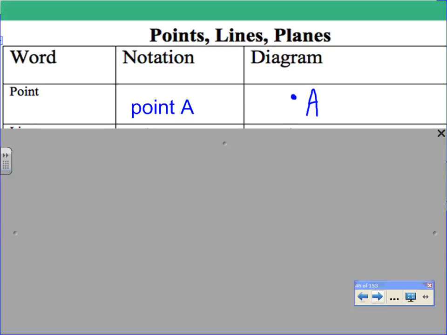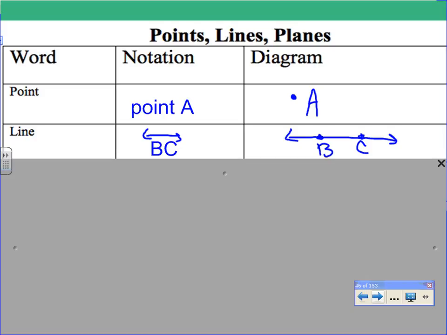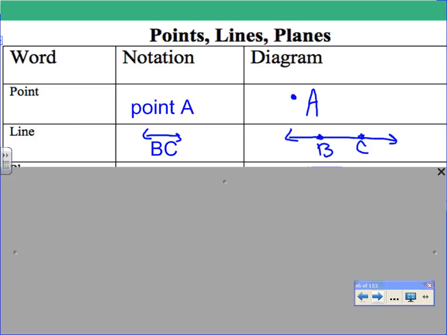First thing I want you to jot down is point. So the notation for point, if the point is A, it'll be point A. A diagram for point, in other words, when you see point, it'll be a dot, and then the capital letter for what the point is. Second one, line.